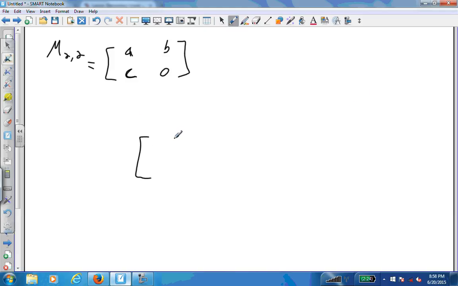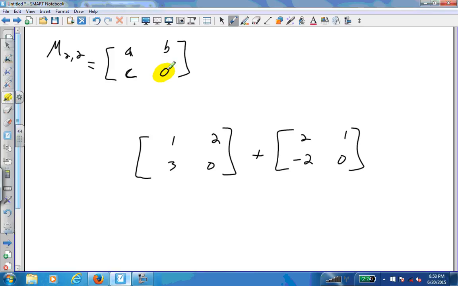Well, if we took random matrices that met that description, the only thing that we're restricted by is that the second row, second column entry has to be 0. A, B, C can be an element of the real numbers. It can be any number imaginable.